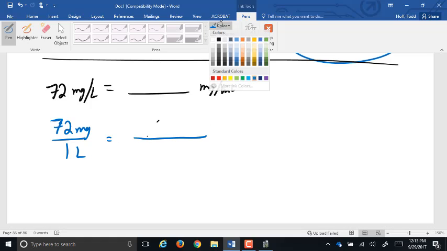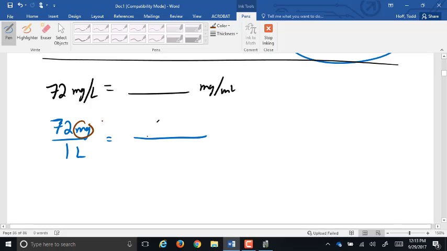Now I am changing milligrams to milligrams. It's not changing, is it? That's still 72 milligrams. Liters are changing to milliliters. If you look on our chart, deci, centi.